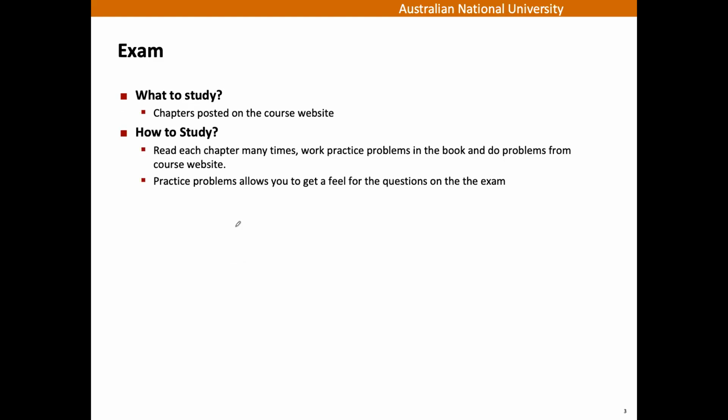Chapters are posted on the course website. So read each chapter many times. This is my usual advice whenever I teach systems programming, and I use the same textbook. You might not have to do that, but this is ideal. This is if you have all the time in the world, and if you want to prepare fully, read each chapter.